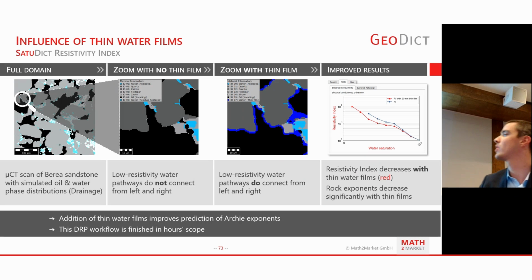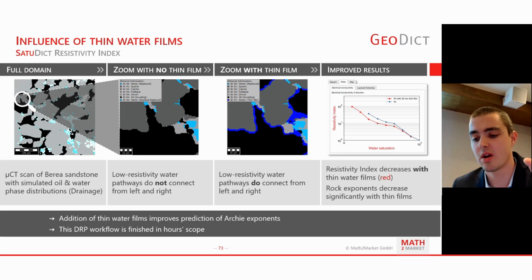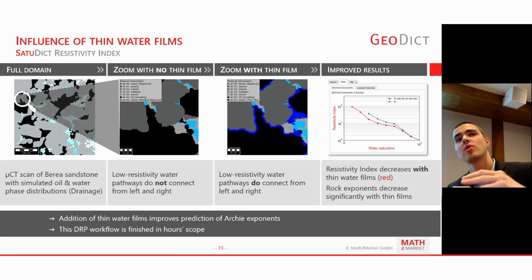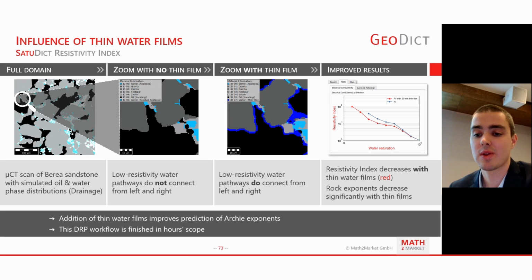Now, what we have also seen is that, if you look at the micro scale and observe the resistivities that come up in the experiments and what you simulate, with the inclusion of thin water films on the rock surface, you match much better your predicted M and N exponents with the behavior you would expect.